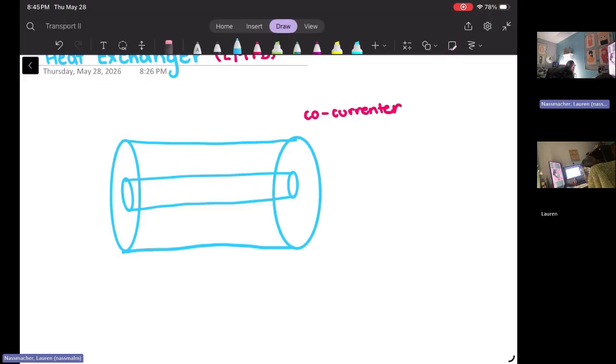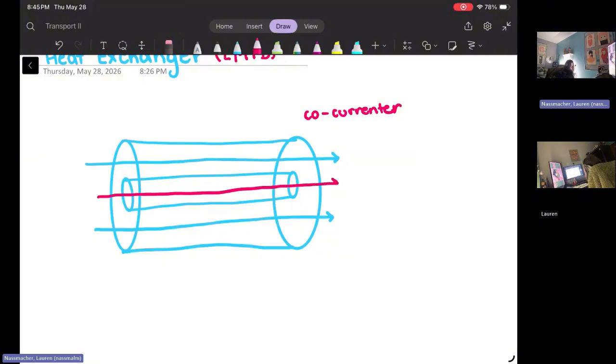Let's do co-current. A co-current heat exchanger involves your cold media going into your heat exchanger and your hot media going the exact same direction in the little tube in the middle. What's going to happen is in a certain area, dA, your hot media transfers heat into your cold media.